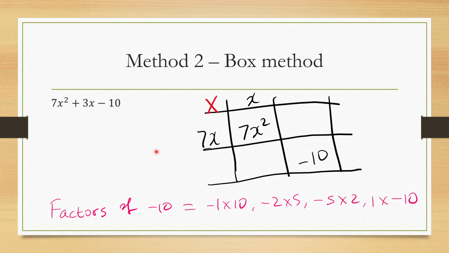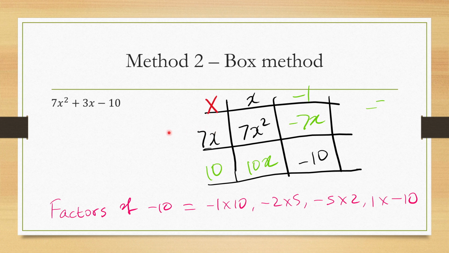So what we're going to do is pick out one by one and see which one suits best. I'm going to put the minus 1 here and the 10 here. We multiply this out: 10 times x gives 10x, and minus 1 times 7x gives minus 7x.